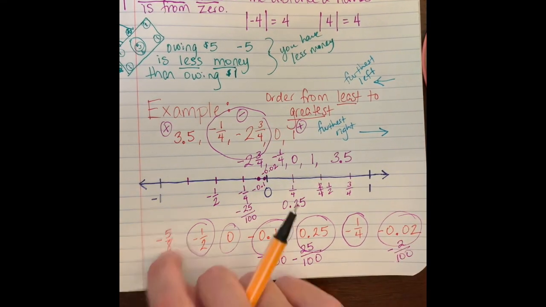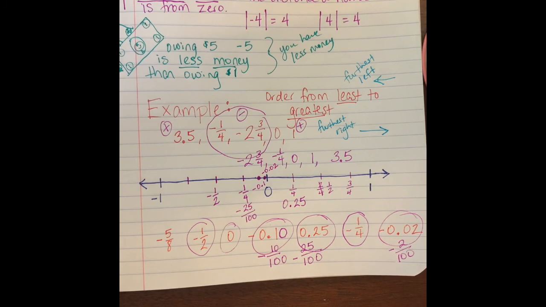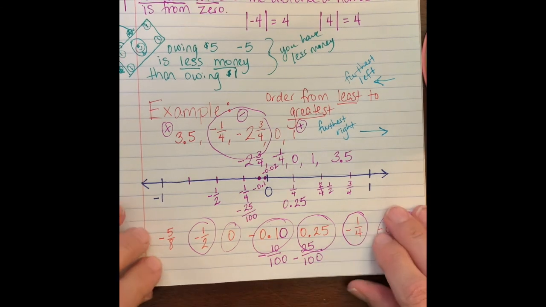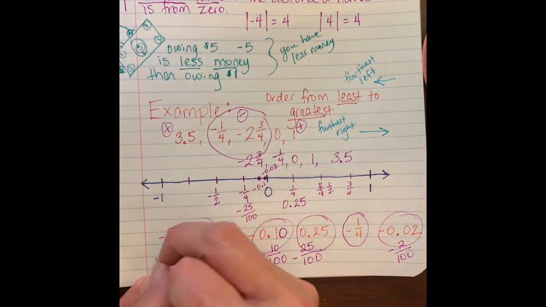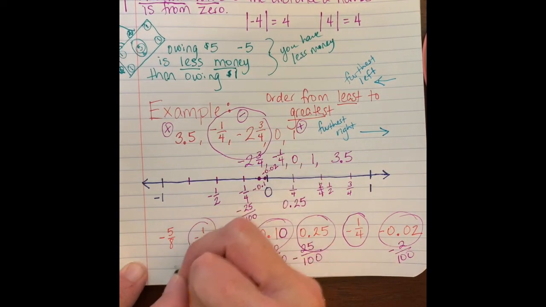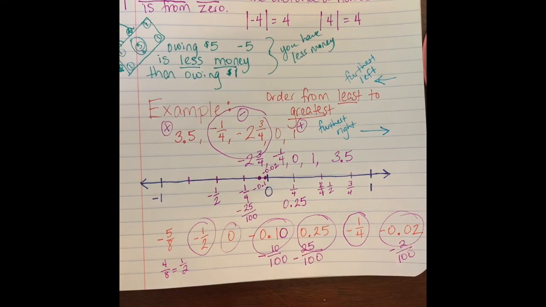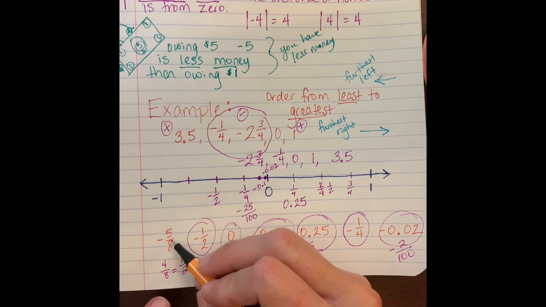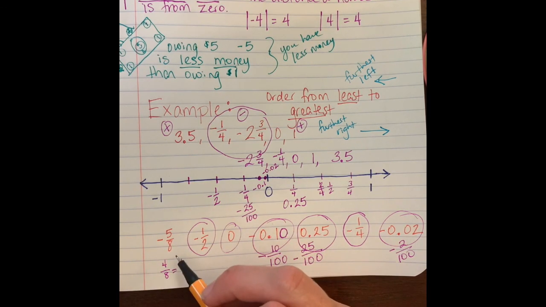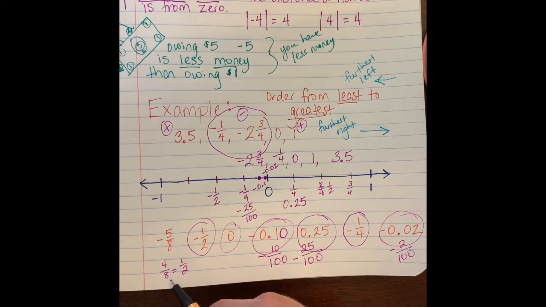Now I've got 5/8 to deal with. I save that one for last because, quite frankly, I'm not a fan. I don't really know what 5/8 is equivalent to, so I'm going to have to think through a couple of things. I know that 4/8 is equivalent to 1/2, and the absolute value of 5/8 is greater than 4/8.